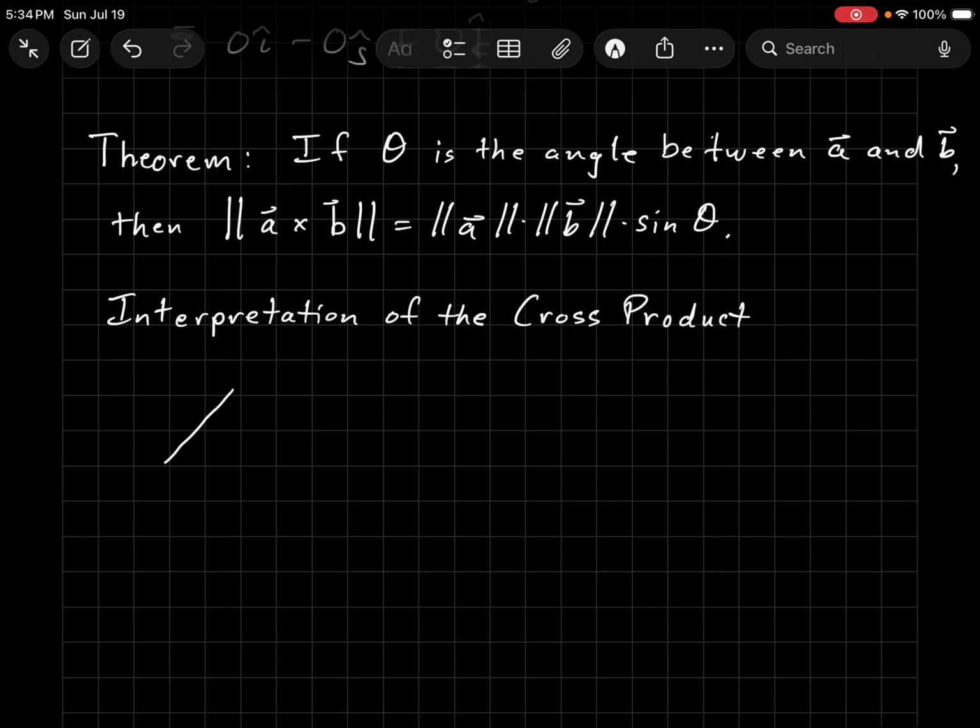So let's have two vectors, A and B. I'll put A down here, and I'll put B as the one that's slanting up to the right. And then I'll drop a height here. I'll call that H, and I'll put the angle theta between A and B. And let's finish off the parallelogram. Pretend there was the rest of a parallelogram, something like this.